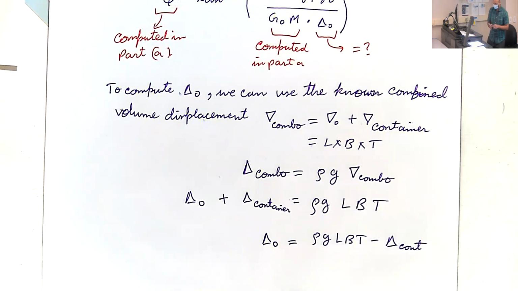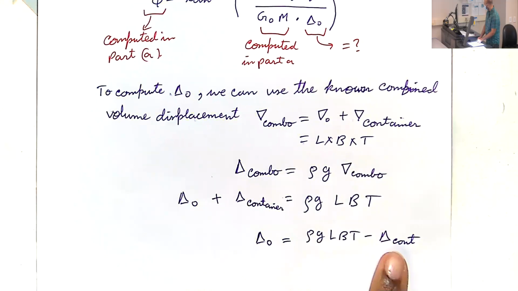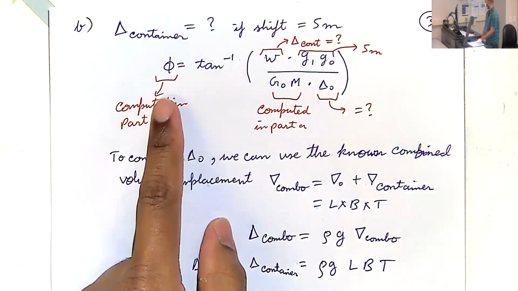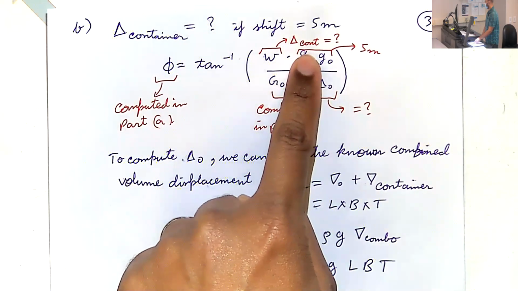Okay. Any questions? Didn't it ask for the mass of the container? Yeah, so this is what we were asked for, delta container. In this equation, we know everything. We know the angle, we know G0M, we know G1G0.